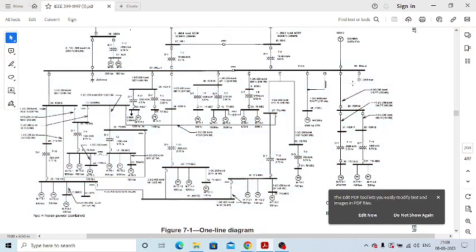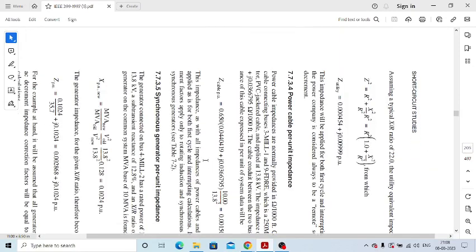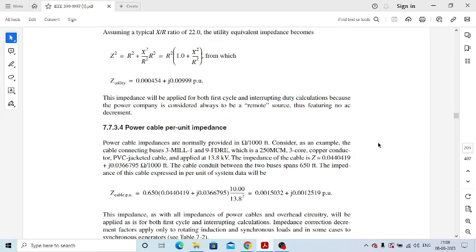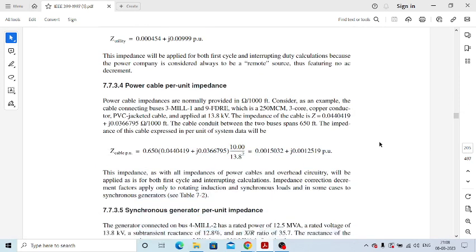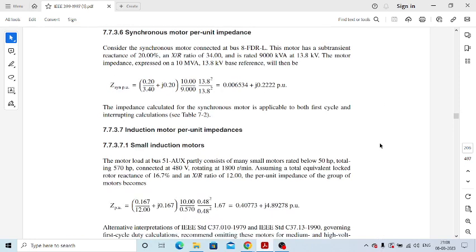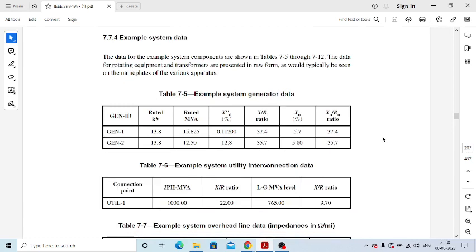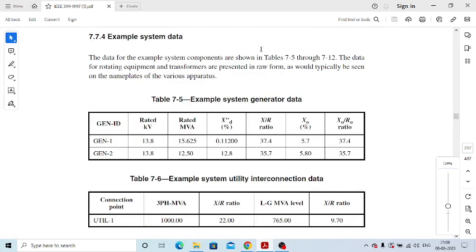Okay, so I'm requesting everyone to go to this single line diagram. Importantly, for the short circuit analysis we need data.